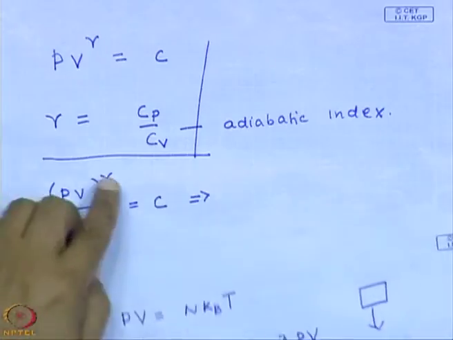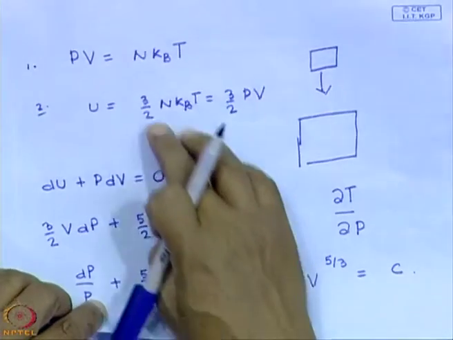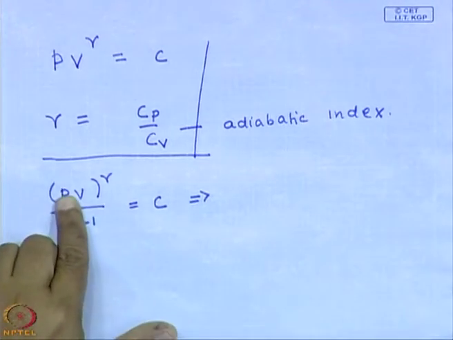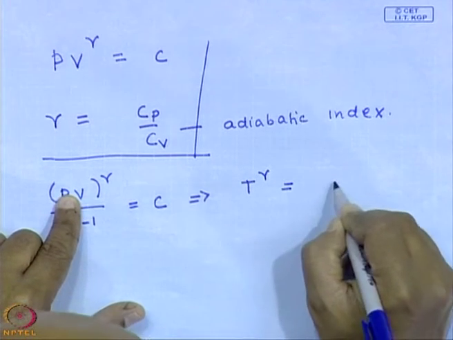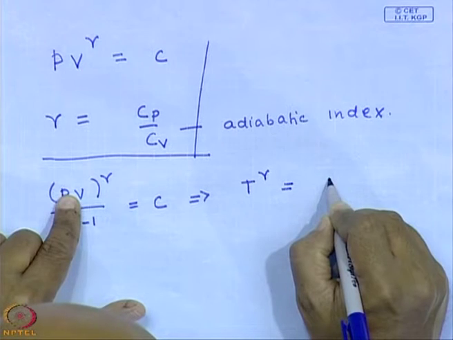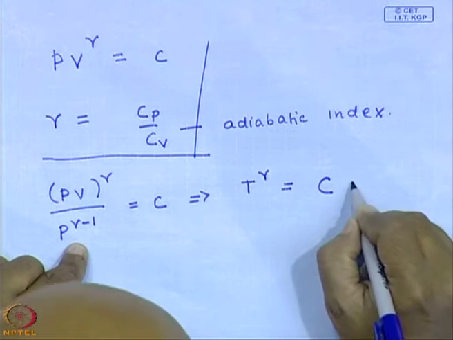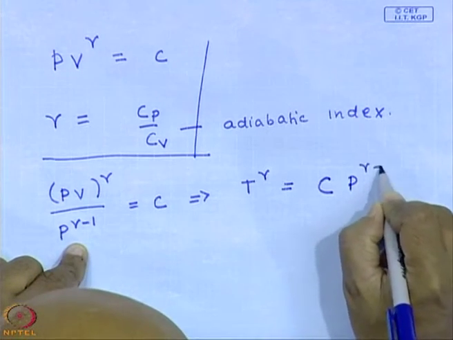So, I can absorb them inside this constant. What it tells us is that T to the power gamma is equal to some constant, let us say capital C, into P to the power gamma minus 1.